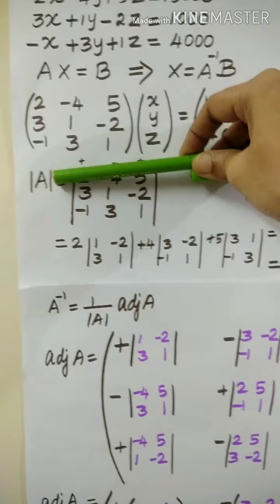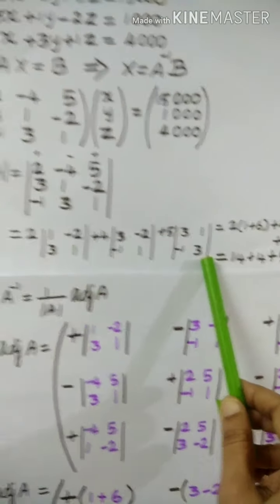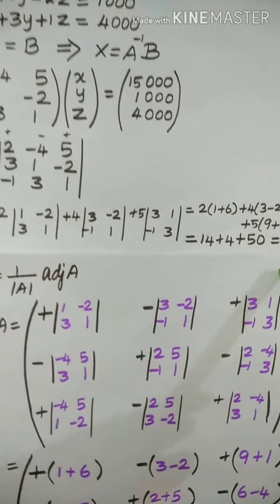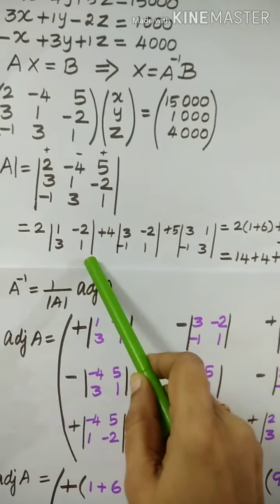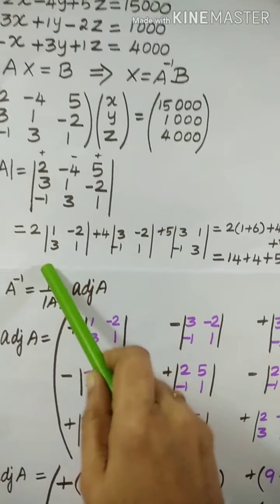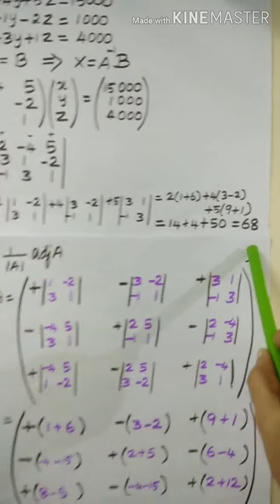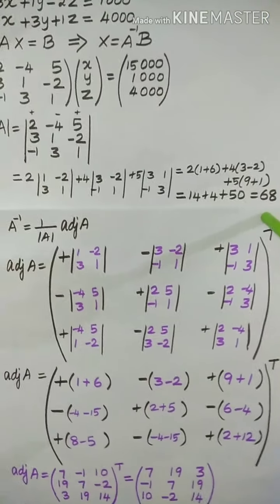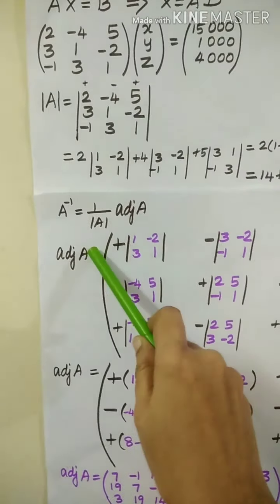Plus 5 into hide the row, hide the column. 3, 1, minus 1, 3. Let us expand and remember the determinant: product minus product. So 1 minus of minus is plus 6. Similarly, we do the other things and I arrive at the answer 68. 68 is not equal to 0, so I can proceed with A inverse.